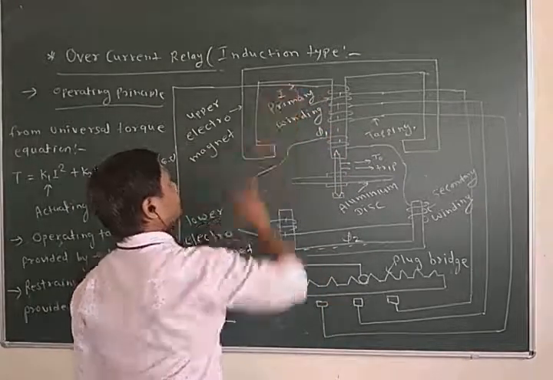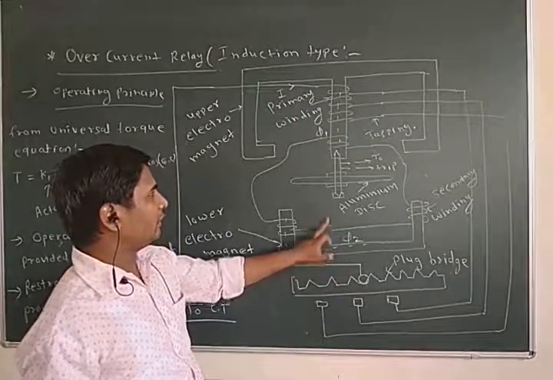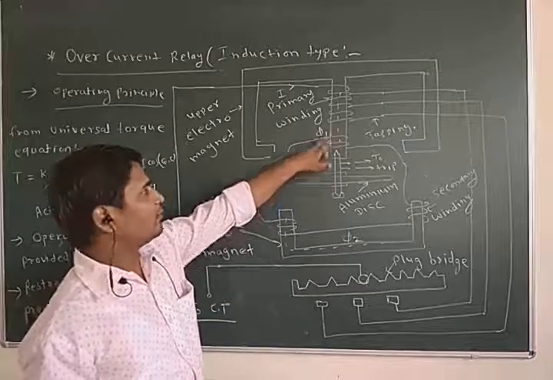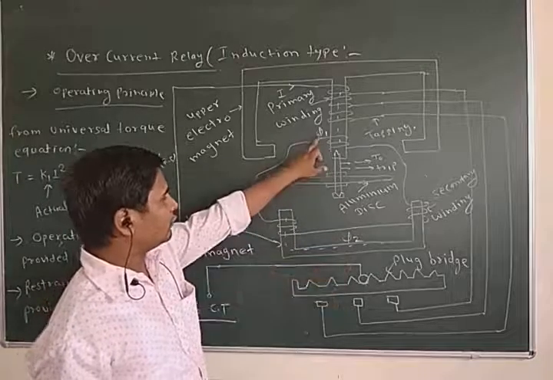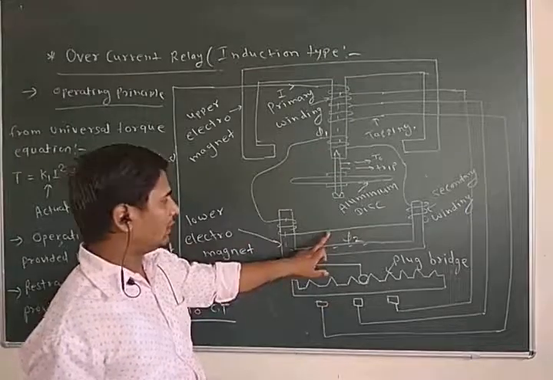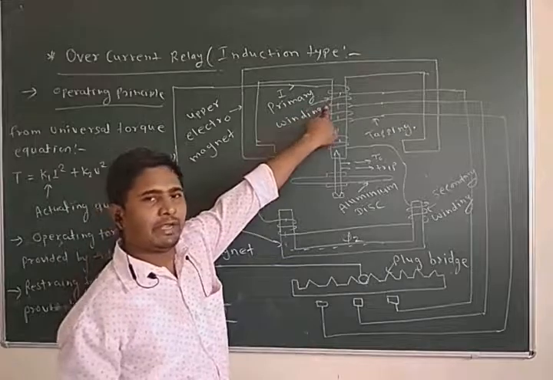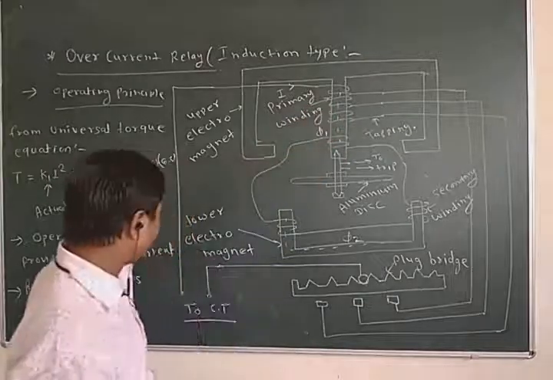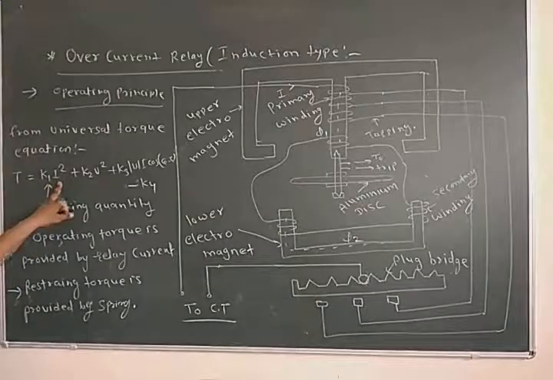Suppose this is I, because the secondary coil input is provided from the primary core, due to which we can say that both phi 1 and phi 2 are directly proportional to the current in the primary winding. Now the operating torque T is directly proportional to the square of current.